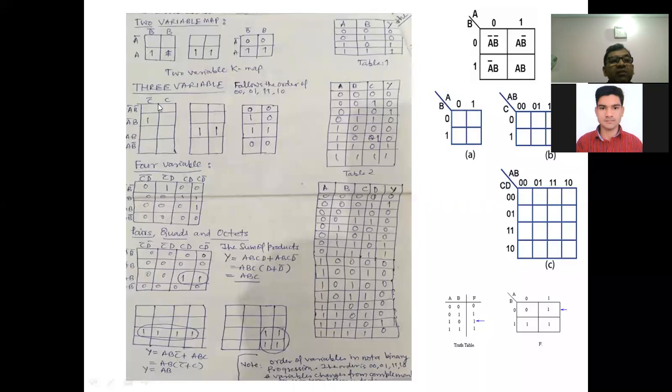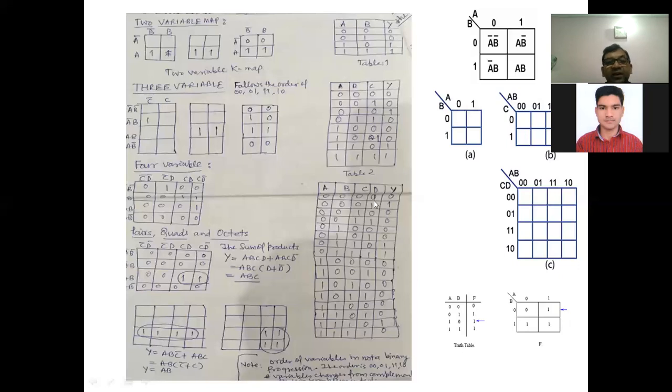Similarly, for 3 inputs we can represent it in this way. For 4 inputs, or if we make a truth table for 2 inputs, it will be like this: 0 0 gives 0, 0 1 is 0, 1 0 is 1, 1 1 is 1. For 3 variables the truth table will be in this way, and for 4 variables the table will be in this way.